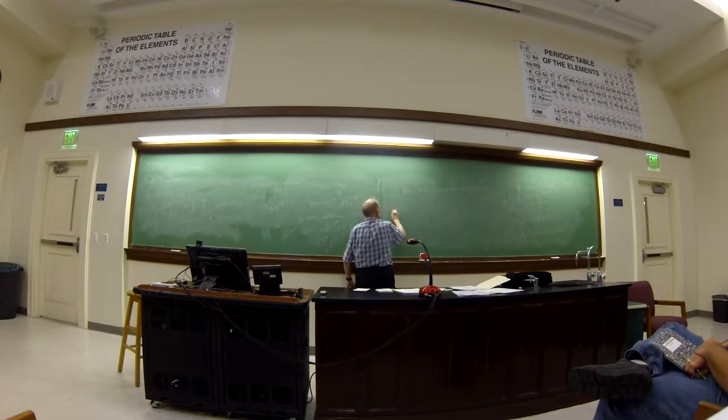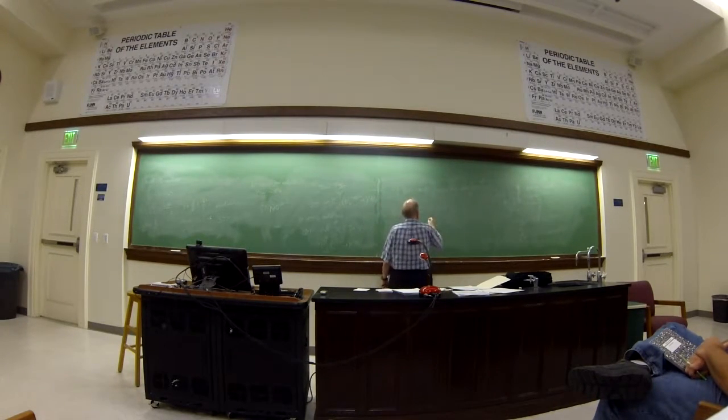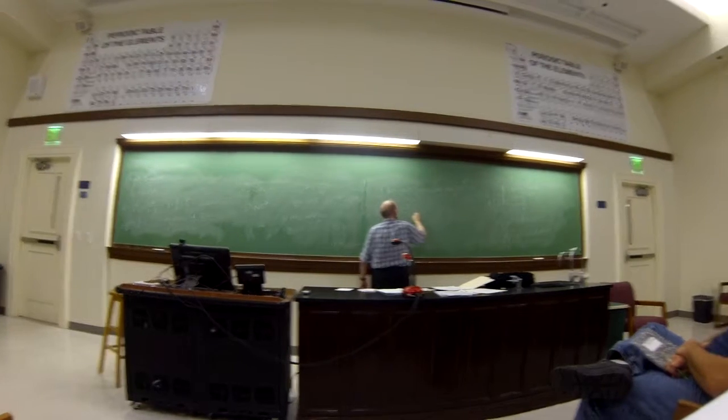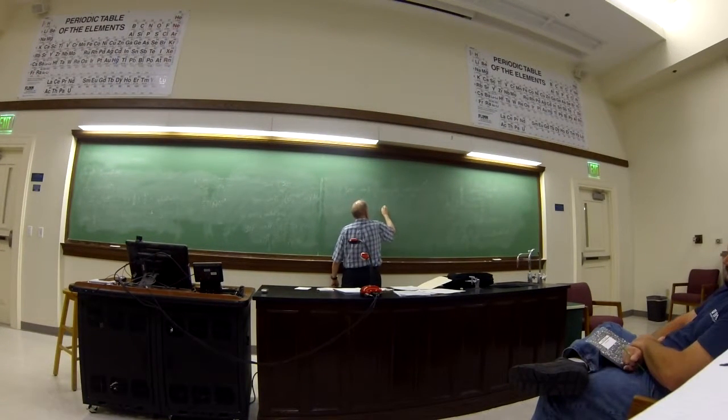And so that's B of T, minus 2 pi Avogadro's number times minus the integral of r squared dr from 0 to sigma.